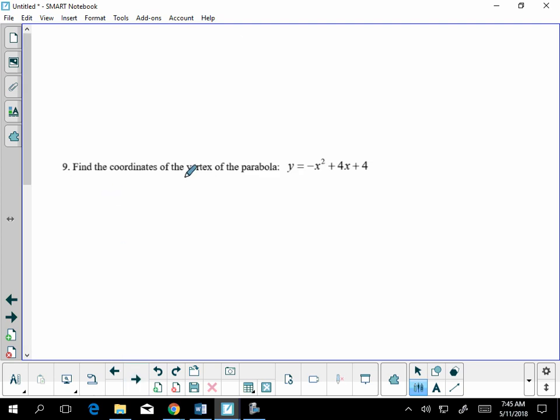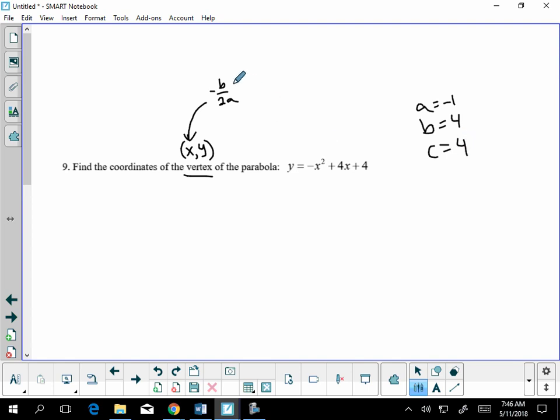All right, number 9. This time we're finding the vertex. A vertex is going to be an ordered pair. But we start right here with our x, and that is opposite b over 2a. Well, in this case, a is negative 1, b is 4, c is 4.